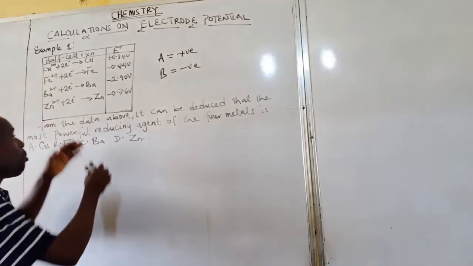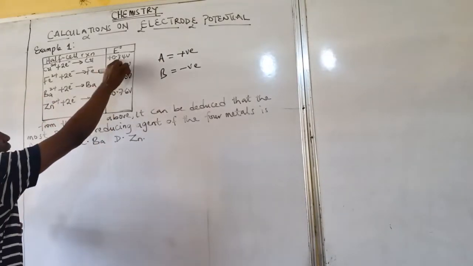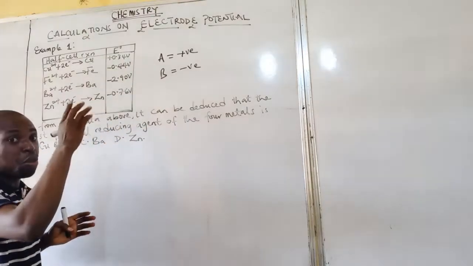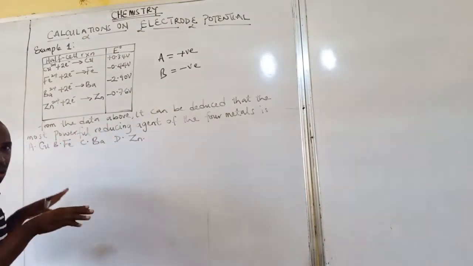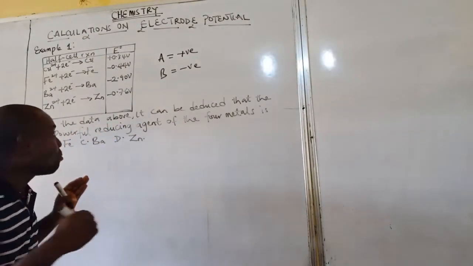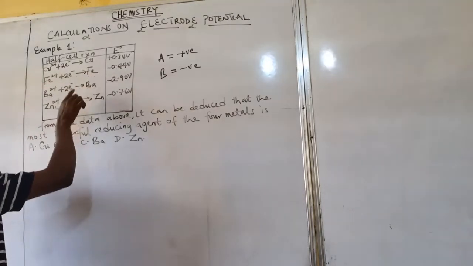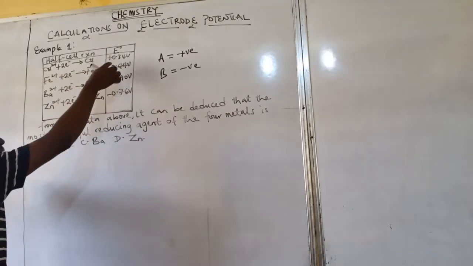So it simply means that copper, which is an oxidant species, will not be part of the options. It now lies between iron, barium, and zinc because they are negative.